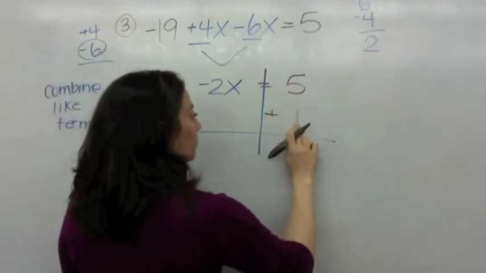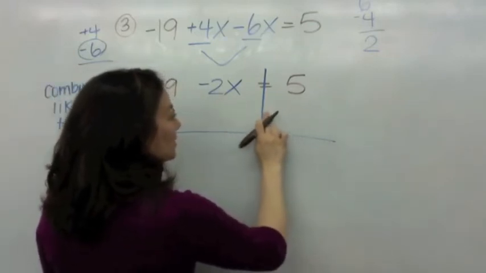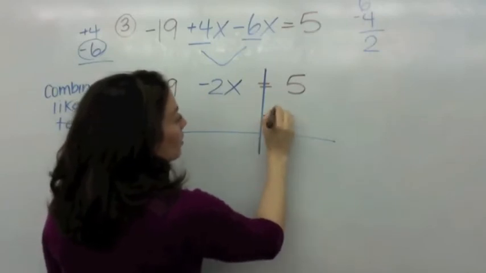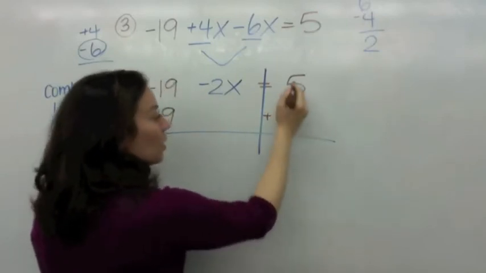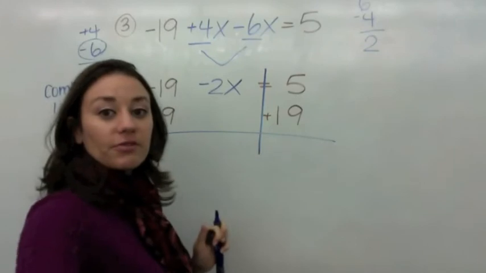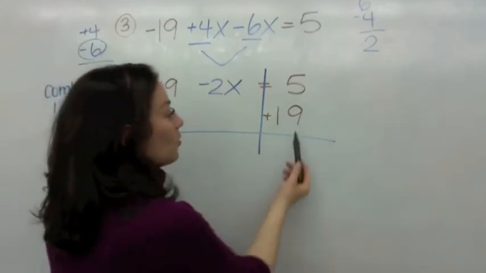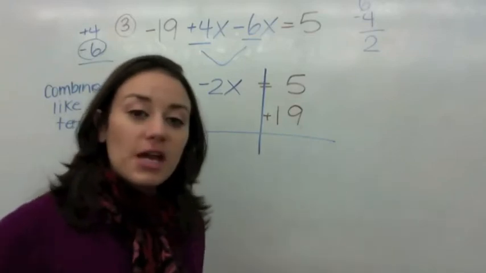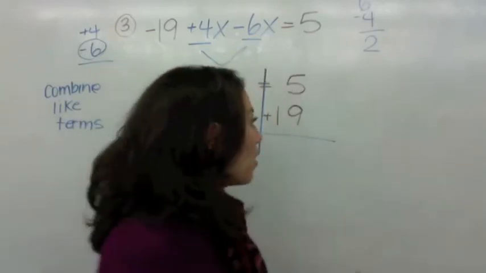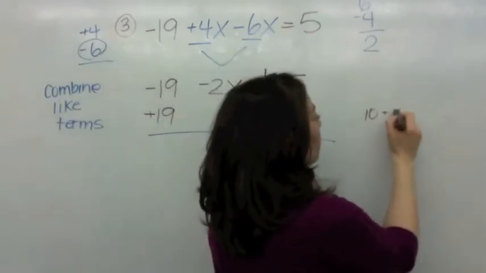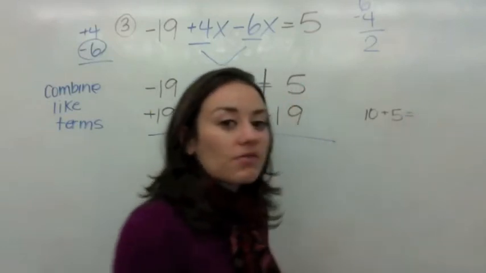Okay, when you line up 19, I know that we're not used to doing this. Make sure that the 9, which is the ones place, lines up with a 5. Okay? All right, so what is 19 plus 5? Well, first, what's 9 plus 5? I want you to think about, well, what's 10 plus 5?